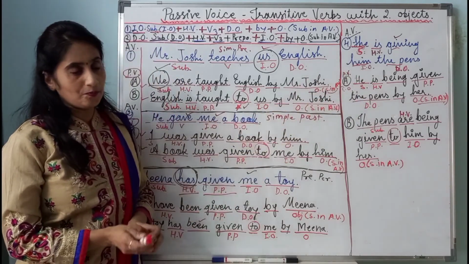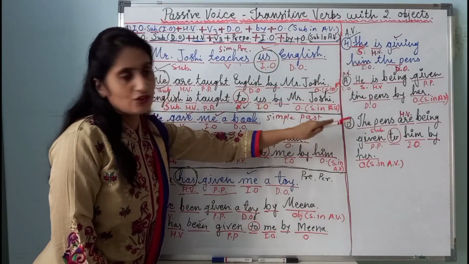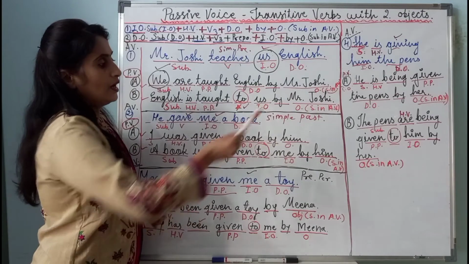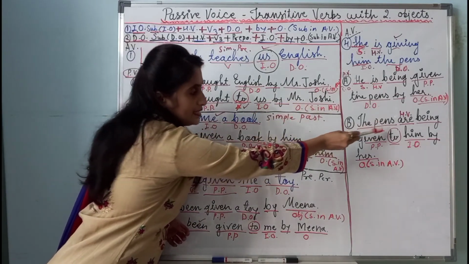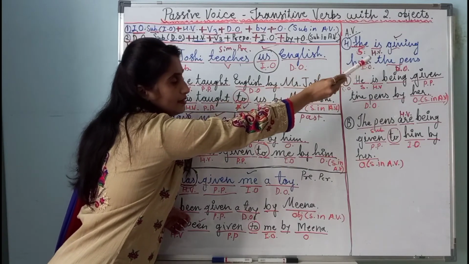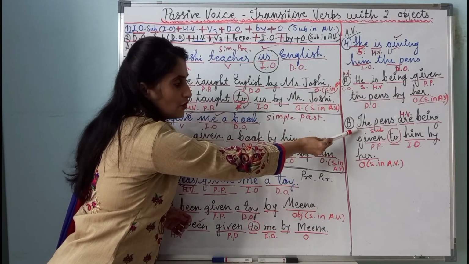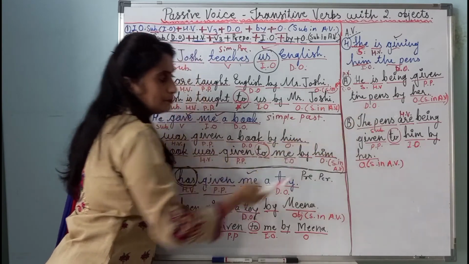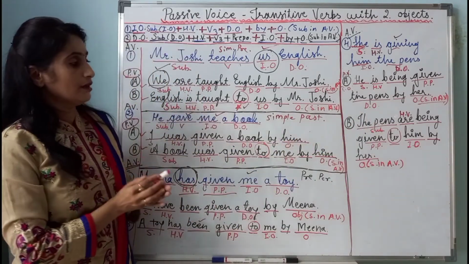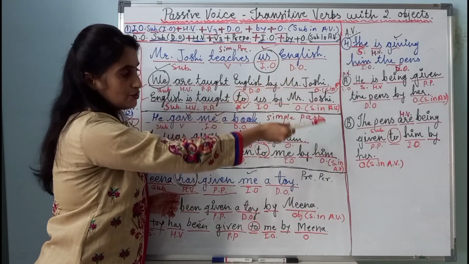by her. Now let us take the direct object as the subject and convert the sentence. The pens is the subject here. In this sentence, it is the direct object. Now it has become the subject in passive voice. So the pens is plural in number and the sentence is in present continuous tense.